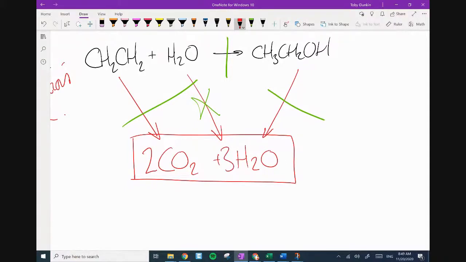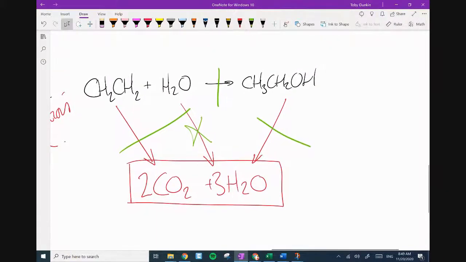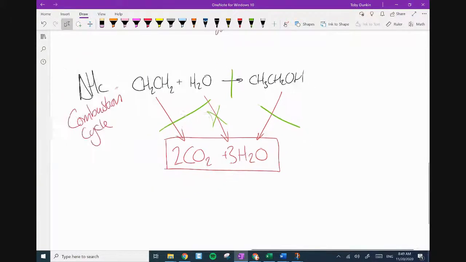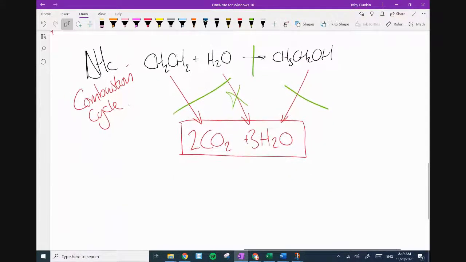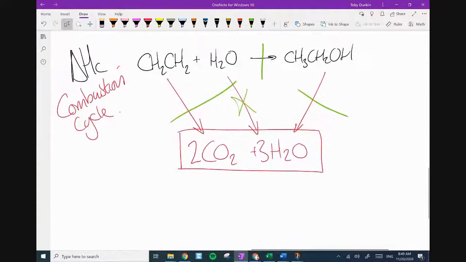Now, at this point, people are going to go, well, hang on a sec, because it doesn't balance for oxygen. And I'm like, I know. And that comes from understanding the equations, and I'll show you that today. We'll do that combustion cycle, the cycle and the equations. But the only thing you don't have to balance for is oxygen. Nota bene.